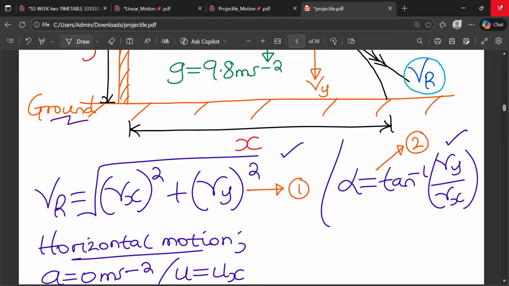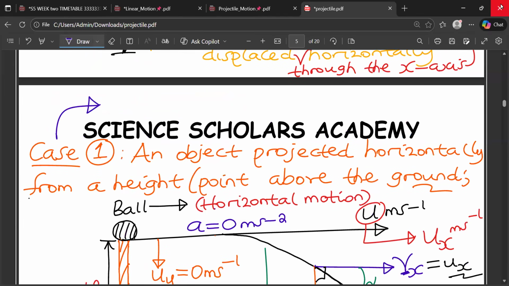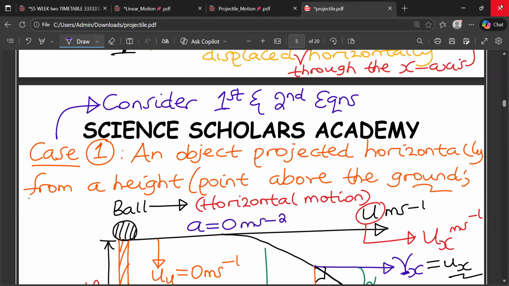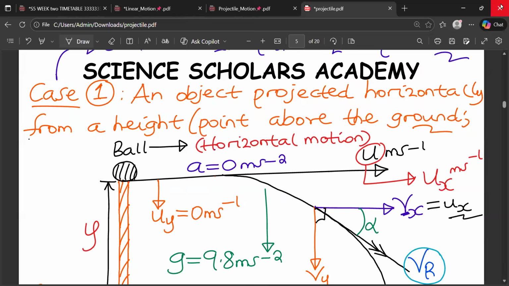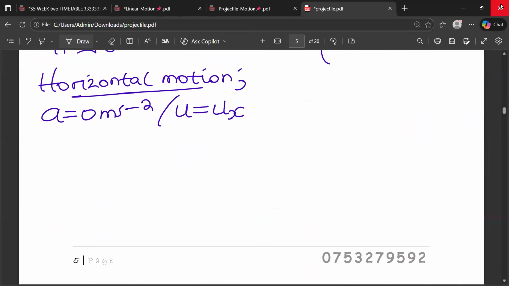So as you're learning this topic, consider the first and second equations of motion. I want us to first go through these hard things, then we go to the logbook and I show you something that can help you.